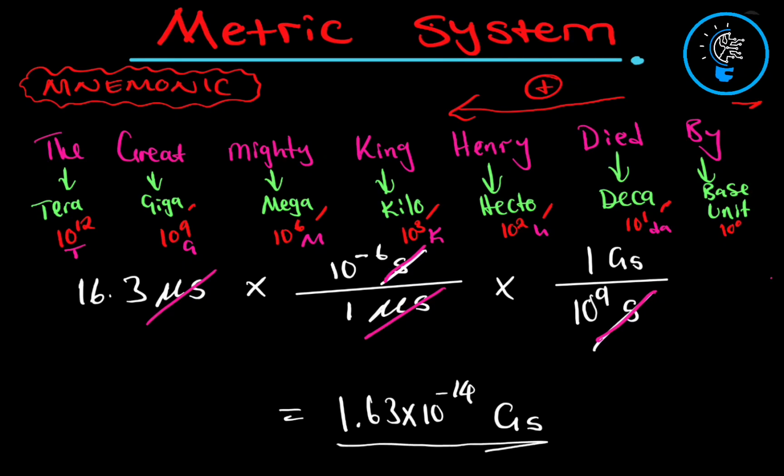So these are the number of gigaseconds that are present in 16.3 microseconds. If you want, you can write it in this form. So that's the answer.